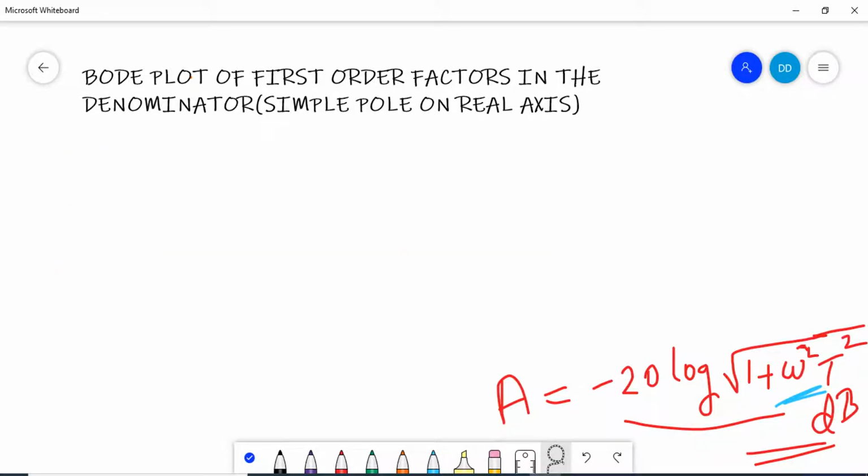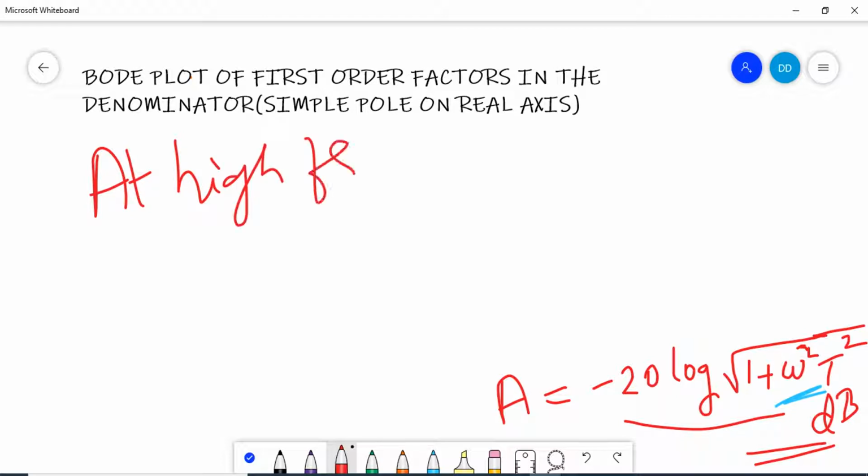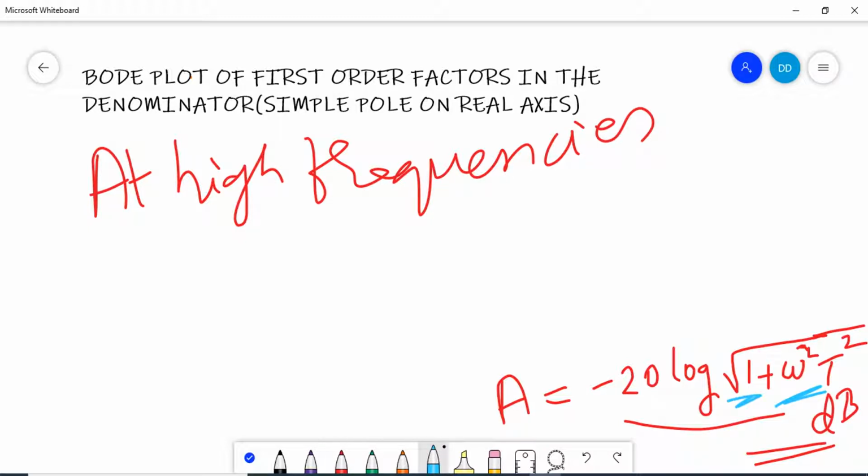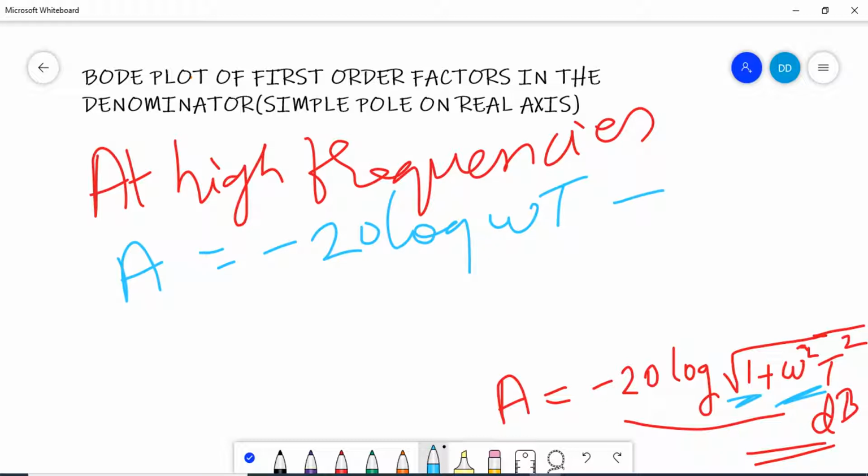At high frequencies, we can neglect this 1 as compared to omega square T square. So our magnitude A becomes minus 20 log omega T. We'll treat this as equation 1.